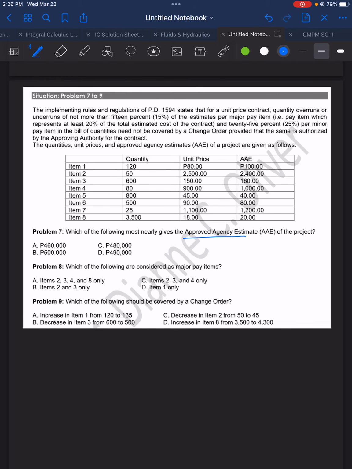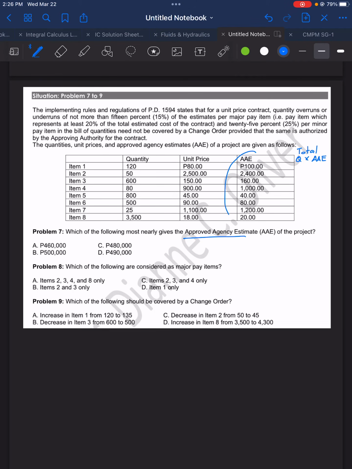What we will do here is we will need to find the total project cost. So we will need to take a total computation of quantity multiplied with the AAE per item.